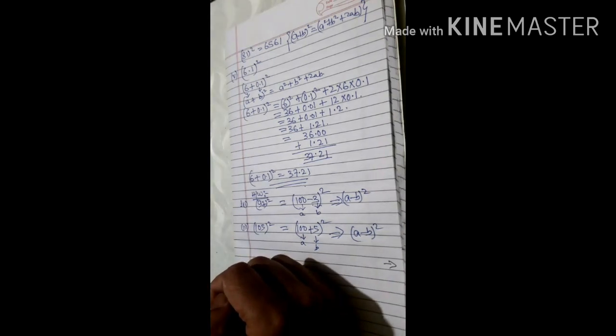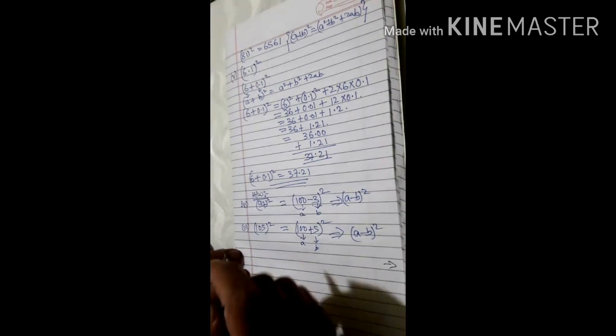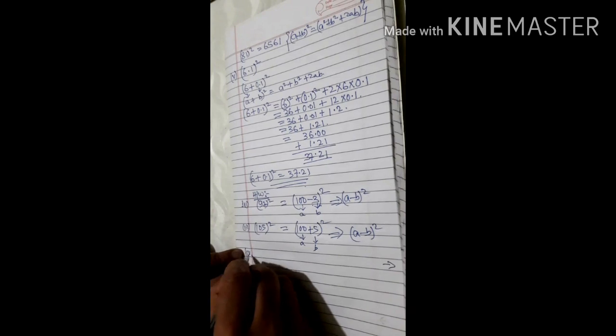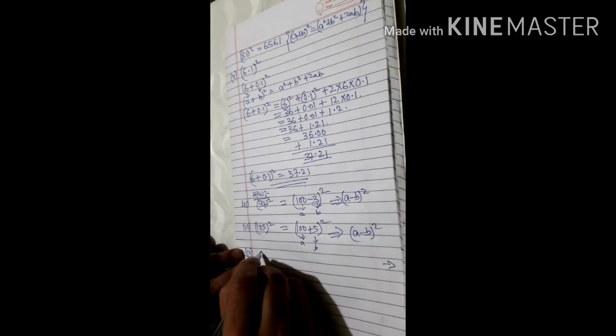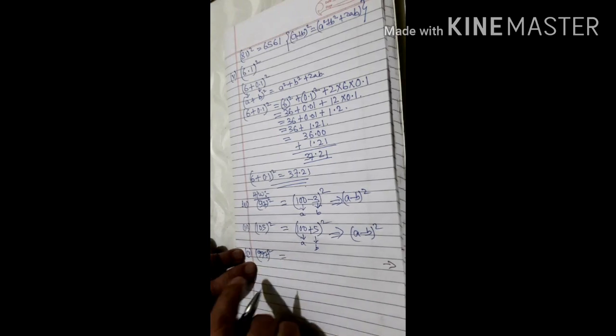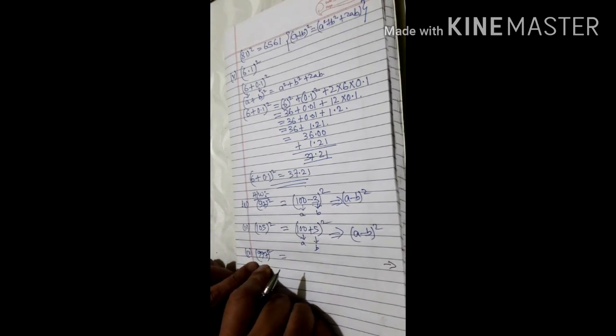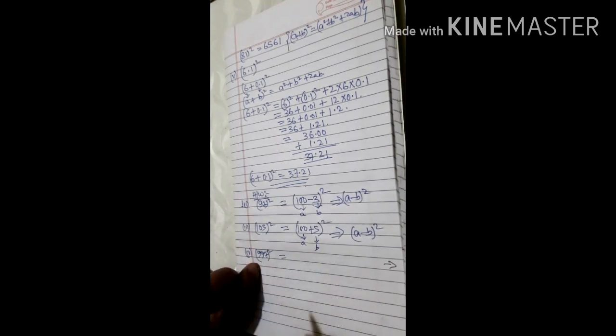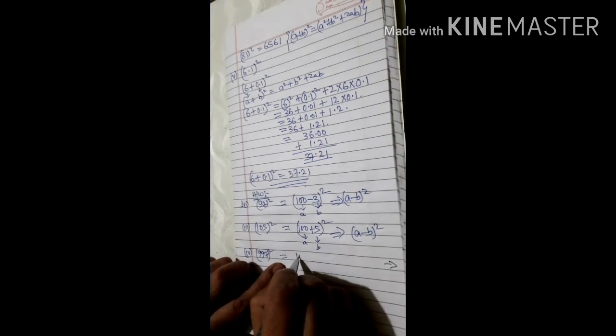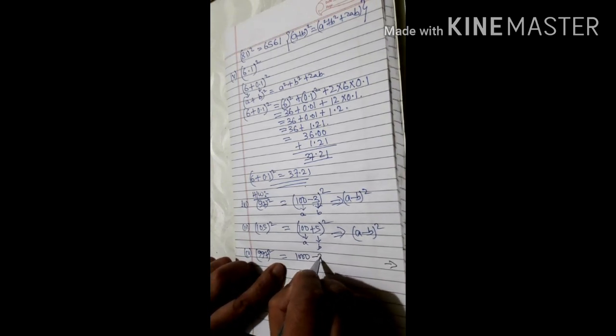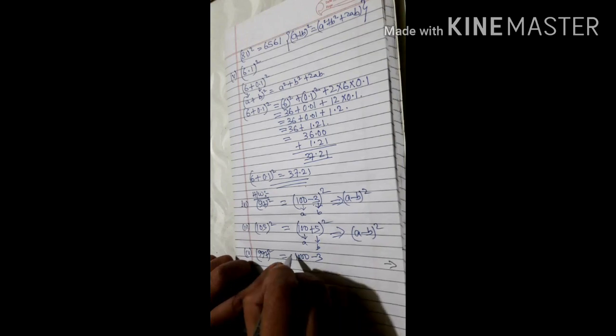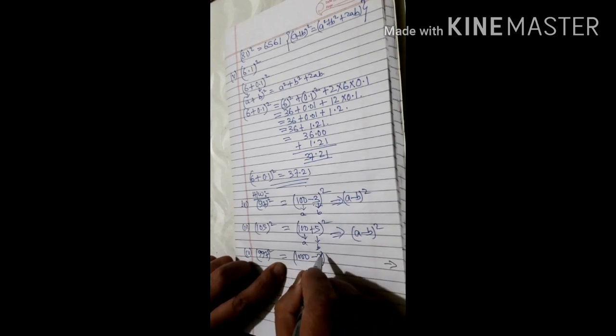Okay, now the next question we have, 1 Roman 4. 1 Roman 4 is 997 whole square. Now how will you evaluate 997 whole square using standard identities? 997 can be written as 1000 minus 3. So 1000 minus 3 would give you 997, then whole square.